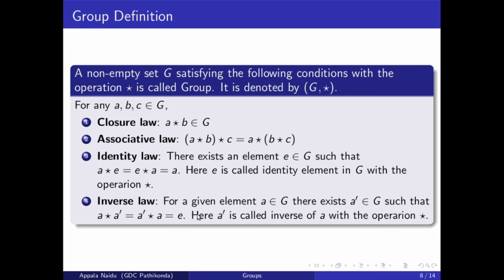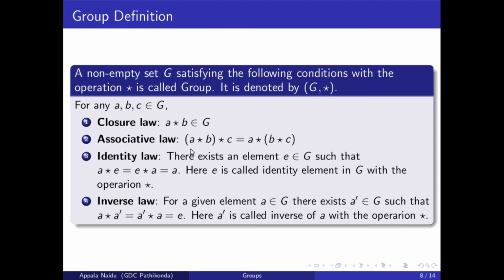The inverse law: for a given element a in G, there should exist a prime in G such that a star a prime is equal to a prime star a equals identity. Here a prime is called inverse of a with the operation star. Here we have to note that G is a monoid which satisfies inverse law, or G is a semi-group which satisfies identity law and inverse law.